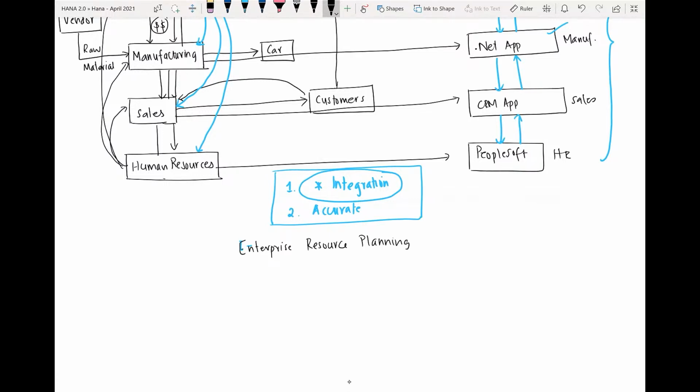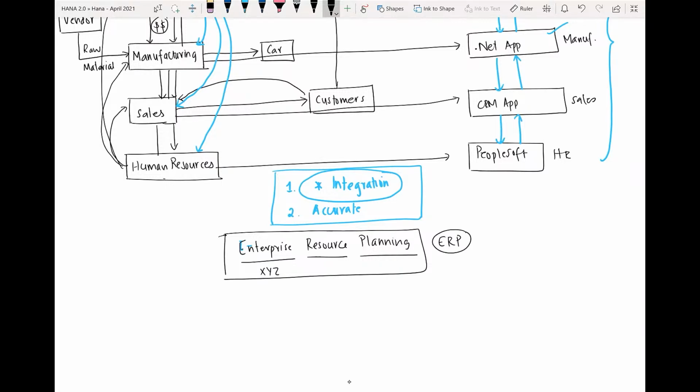What it means is, the enterprise is nothing but your XYZ organization. The different resources are nothing but your different technologies that are supporting the different parts of your organization. And how do I effectively integrate or plan or bring them together to work like a machine? That is how this term ERP, enterprise resource planning, came up. The acronym for that is ERP. That's how they came up with this terminology.